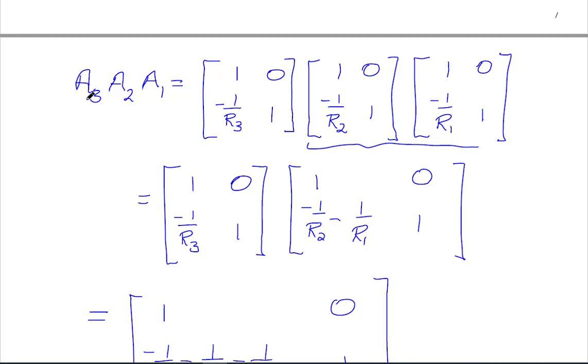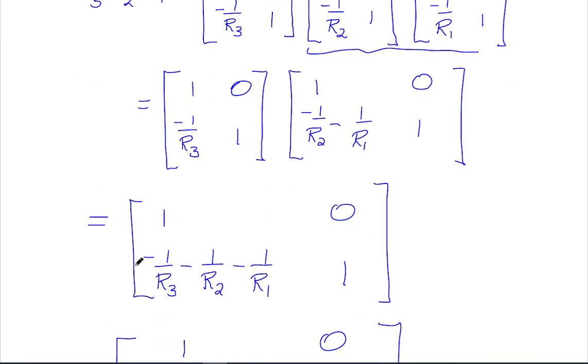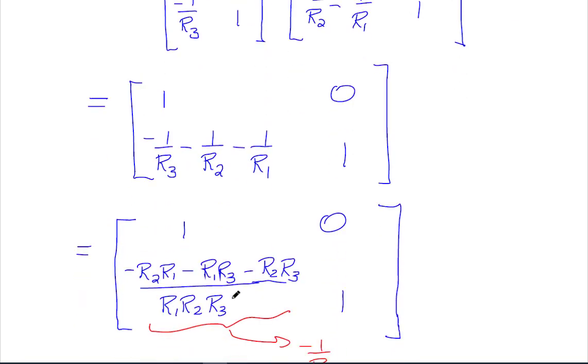And if you multiply by A3 now, you get a similar situation of minus 1 over R3 minus 1 over R2 minus 1 over R1. Now, we need to do a little simplifying on that, because if you remember, for our shunt matrix, we had the situation for the shunt. It looked like 1, 0, 0, minus 1 over R.